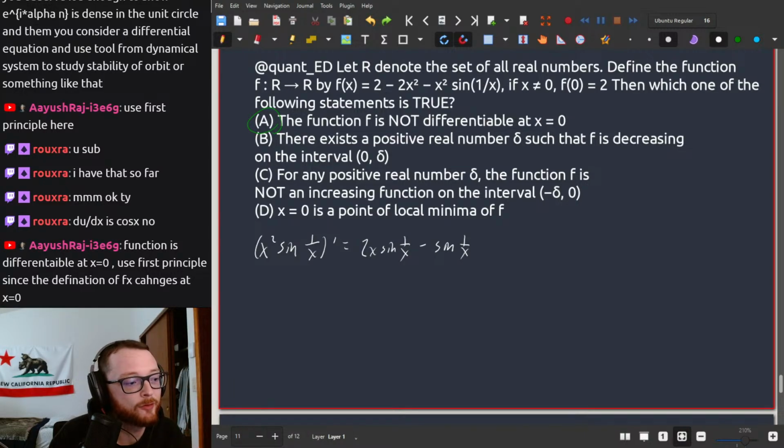You're saying the function is differentiable at x equals 0? The definition of f of x changes at x equals 0?